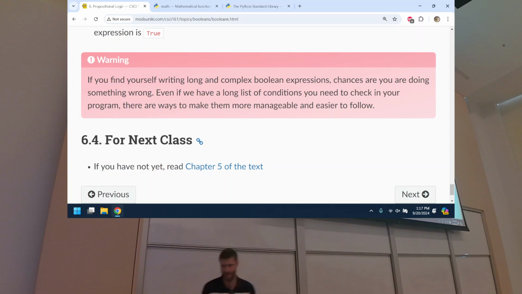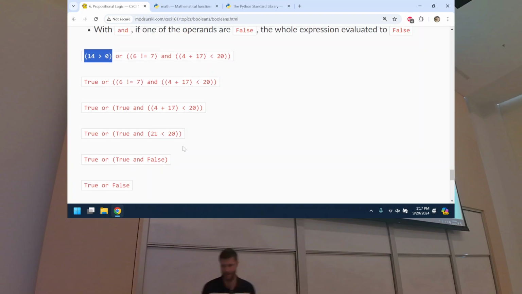If you ever find yourself, though, now, everything I've shown you here, these are contrived examples of me showing you what you could do. In practice, if you end up writing Boolean expressions that look like this, you're probably doing something wrong. Sure, it'll work, and you might be technically correct, but you've got bad code.